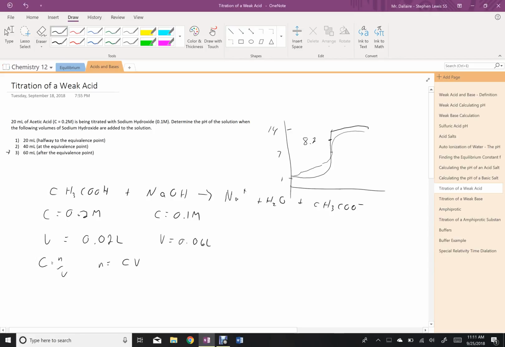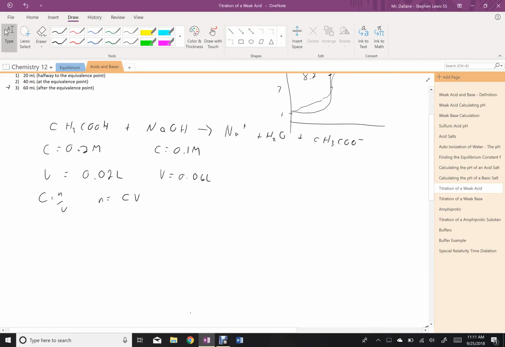So we're going to go to moles here because this is not an equilibrium reaction, but instead a reaction happening to completion. So for moles of acetic acid, we're going to get 0.02 times 0.2, or 0.004 moles. And for NaOH, we're going to get 0.1 times 0.06, or 0.006 moles.